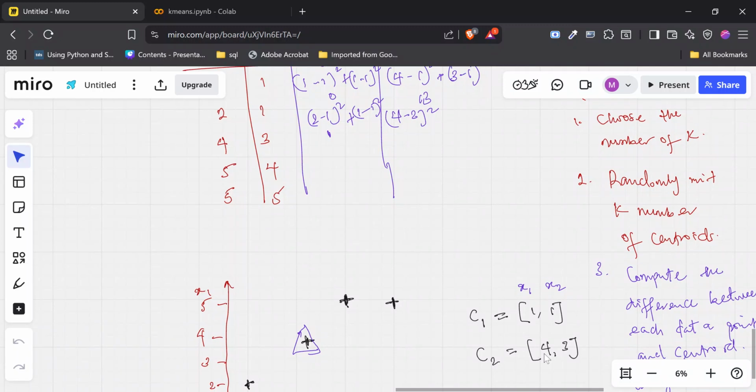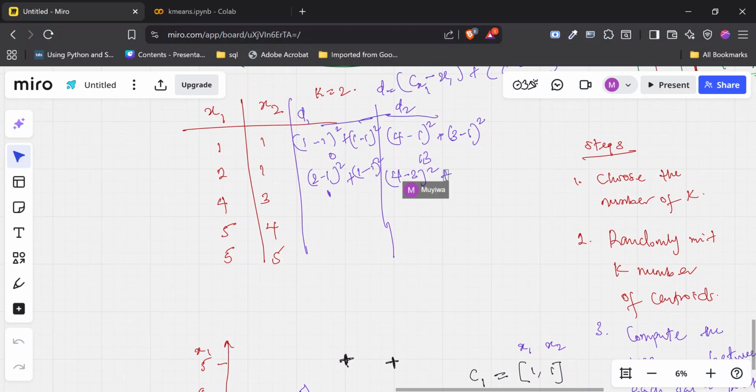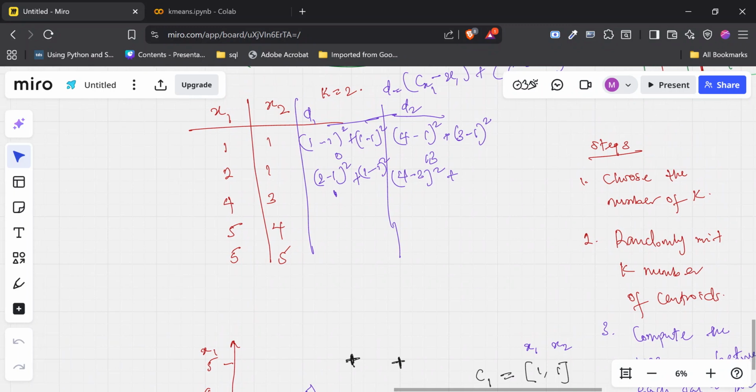Plus the second one is 3 minus 1. So here 4 minus 2 is 1, then 3 minus 1 is 2, squared 4. 1 plus 4, 5. So this is 5.